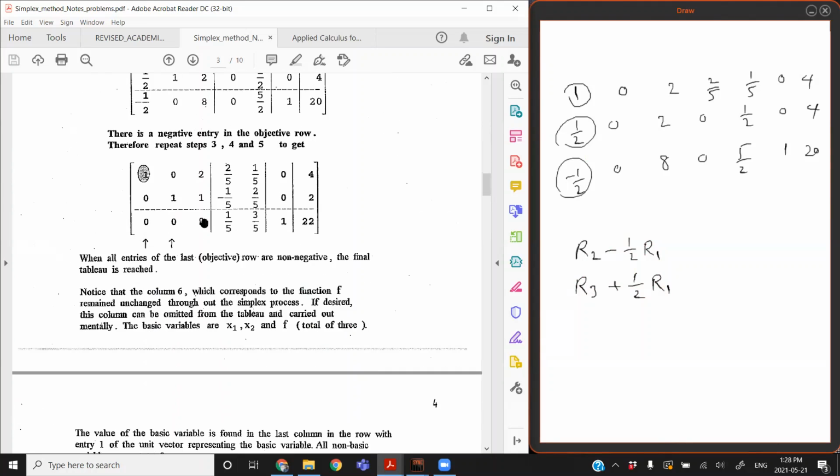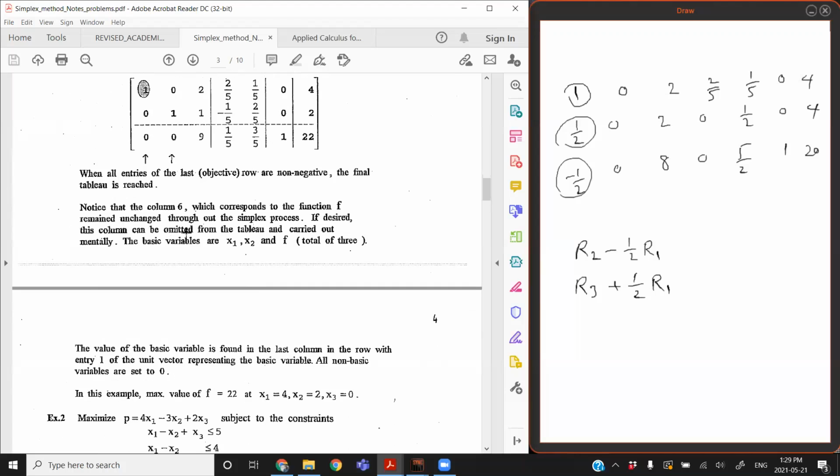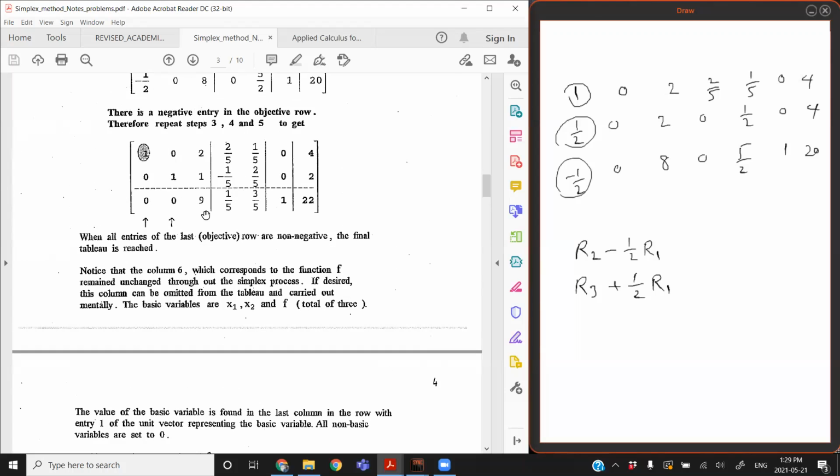Now, when I look at my objective row, I see there is no negative number left anymore. And if there is no negative number left anymore, that means I'm done. And from this tableau, I can write the answer. So now I look at my basic variables.